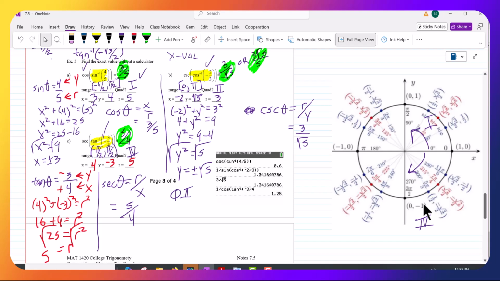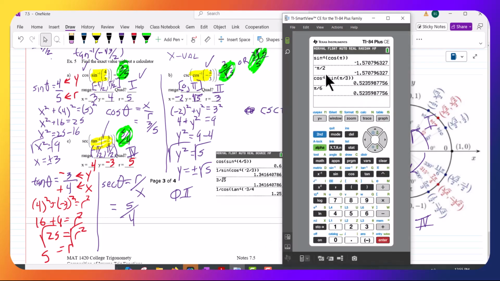Now, you can check these on your calculator, and it actually doesn't matter what mode you're in. I'll prove that to you. When the calculator does the inverse sine of 4/5, it's getting an angle, and that angle is either in degrees or radians depending on your mode. If you then take the cosine of that, you get the same answer in whatever mode you're in.